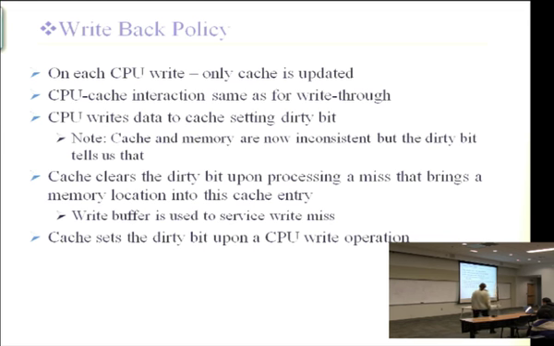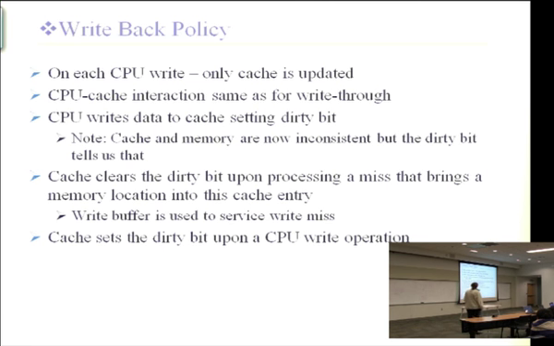The difference is that now, to distinguish whether we have the same status in main memory and the cache, we introduce a dirty bit. And dirty bit means that if it's set to 1, content in cache is different than the content in the main memory. It works very similar to valid bit.